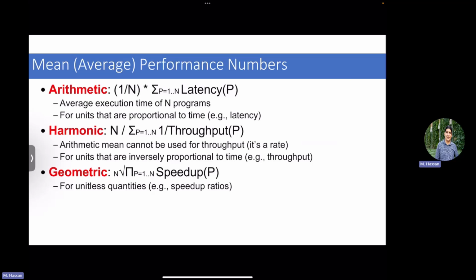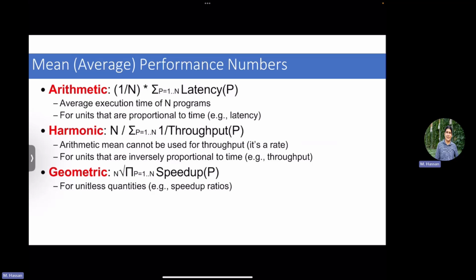But there is another important point here: how do we calculate speedup? This comes from the rule of thumb that I mentioned, which is very common in computer architecture, especially general purpose computing: make the common case fast, right? So I took my application, I analyzed it, I got the average number of instructions.